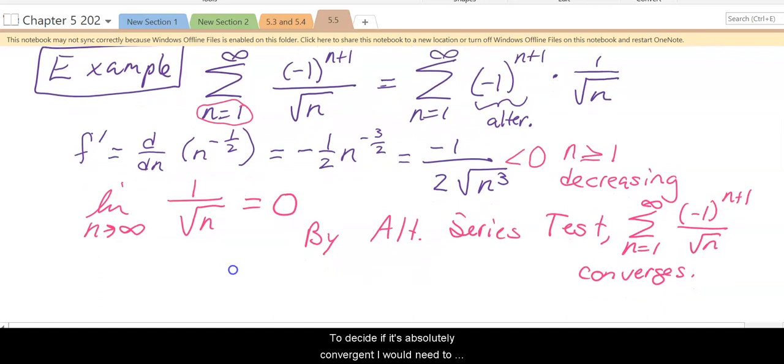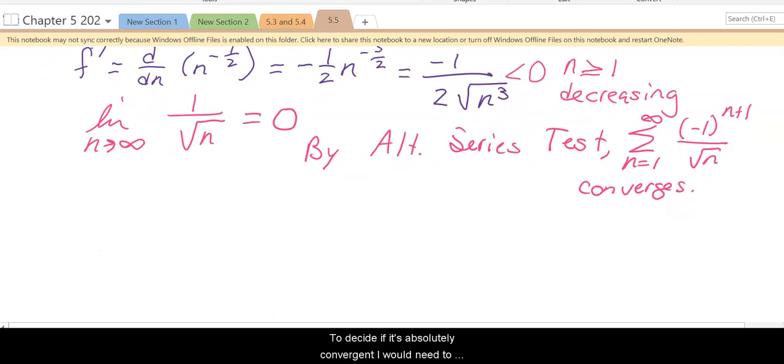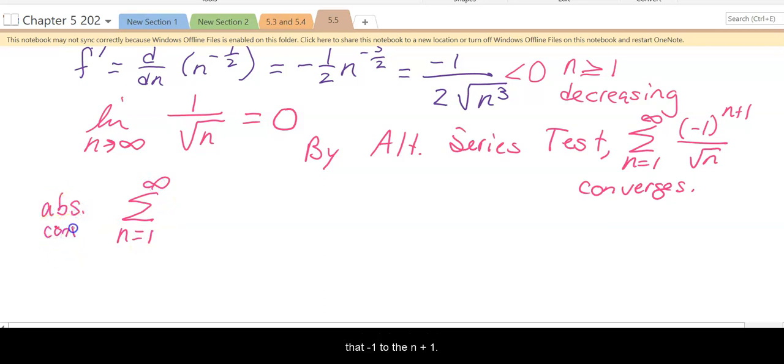To decide if it's absolutely convergent, I would need to take the absolute value and strip away the -1 completely. To check for absolute convergence, I can remove that -1 to the n+1. This would give me 1 over the square root of n.